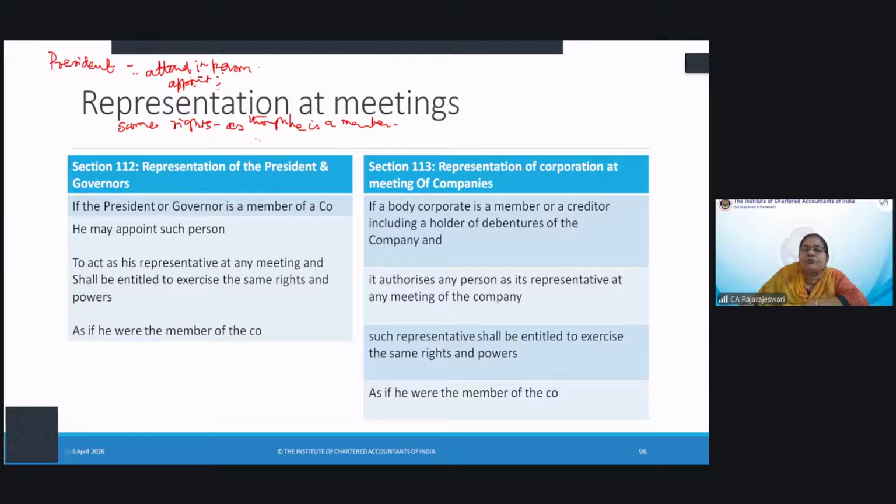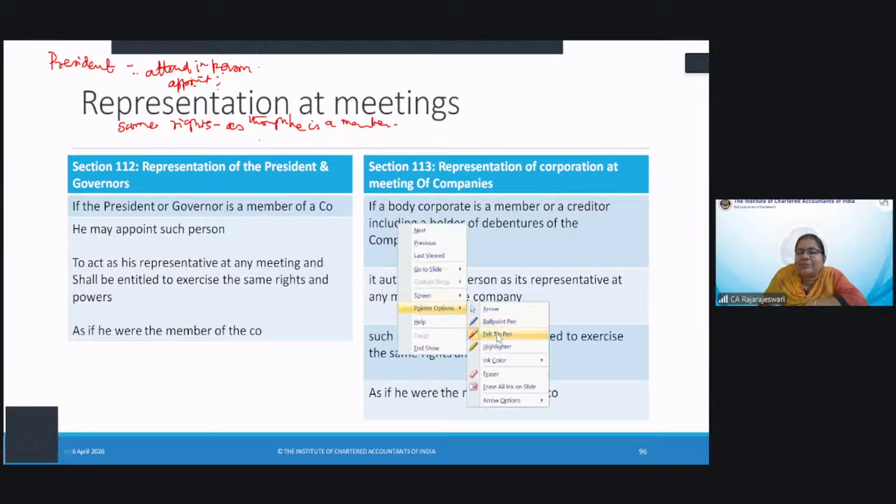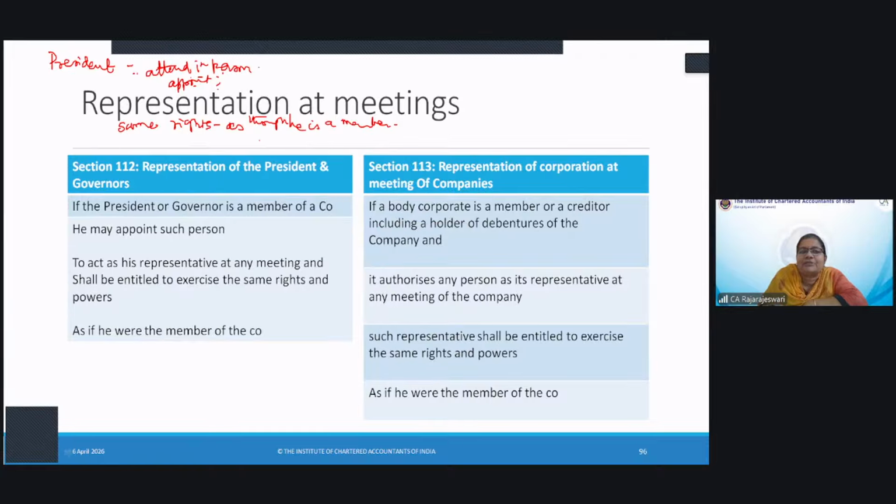This holds good for representation of the president and governors in section 112 and also representation of corporation in section 113. So we will see what the provision says. This is again a frequently neglected provision by the students. Representation of the president and governor.